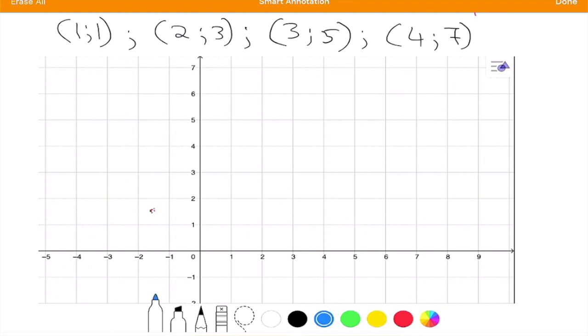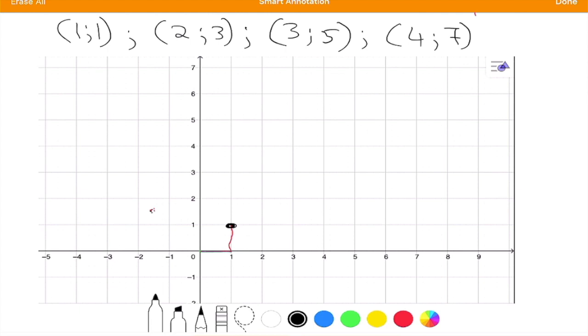It will look something like this. So starting from 0, 0, you will move 1 along the x, followed by 1 along the y. So you end up here. I won't be drawing those lines because they will make my work look clumsy. I just wanted you to see how we do the movements.